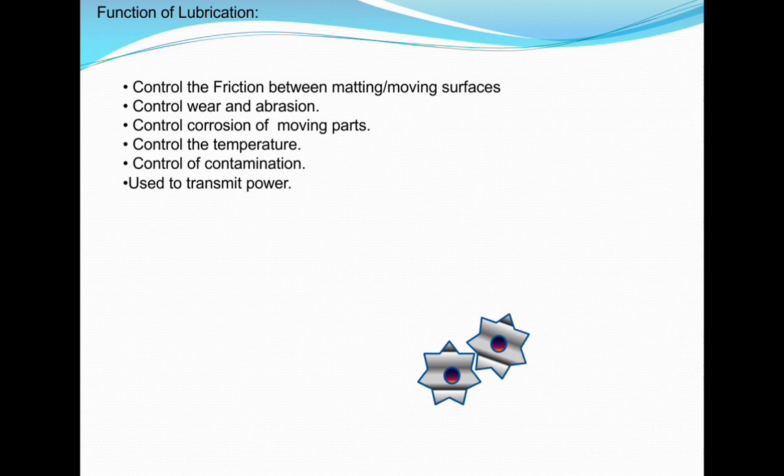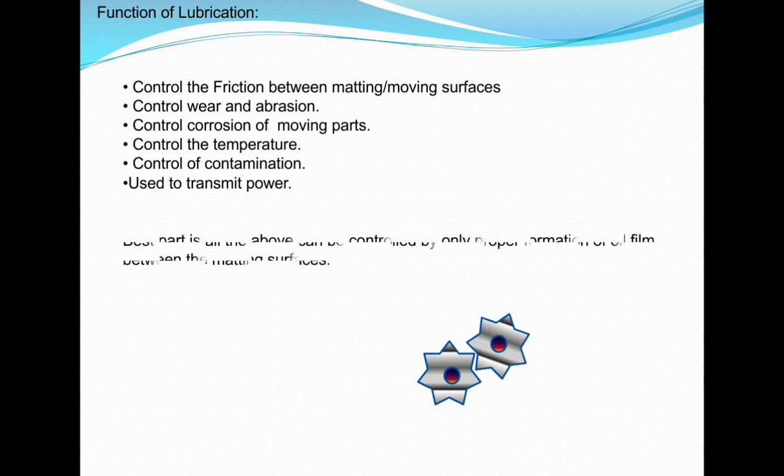Then it controls contamination. When there is rubbing between the mating parts, if the oil film is not sufficient, then there is a chance of metal particles being generated. Or if your equipment is working in a dusty environment, there is contamination from outside dust particles.